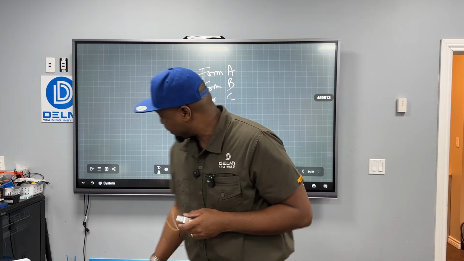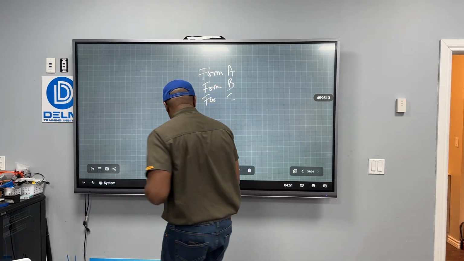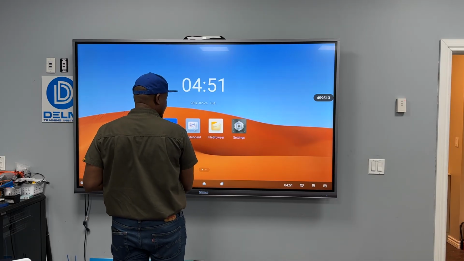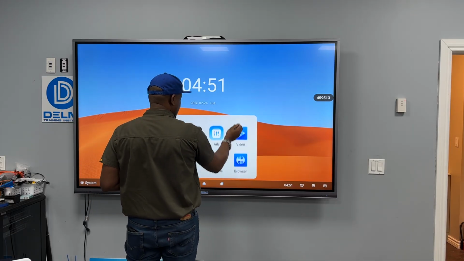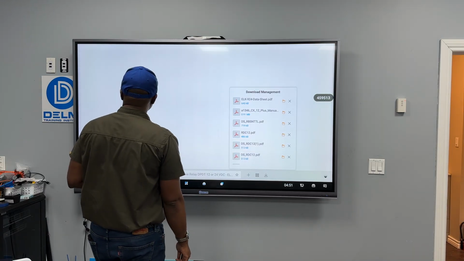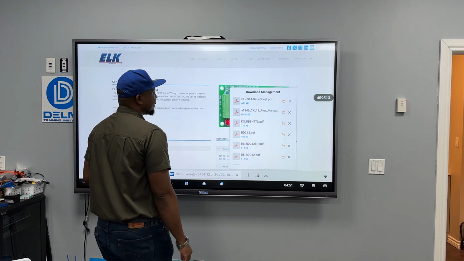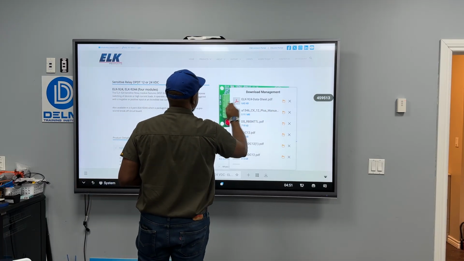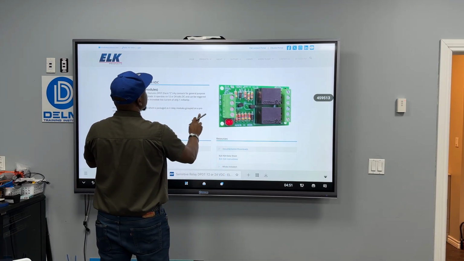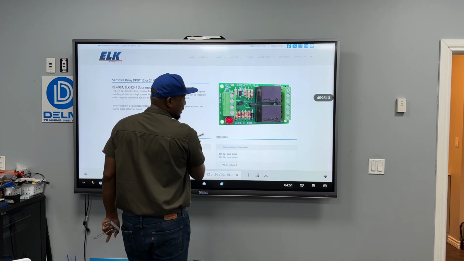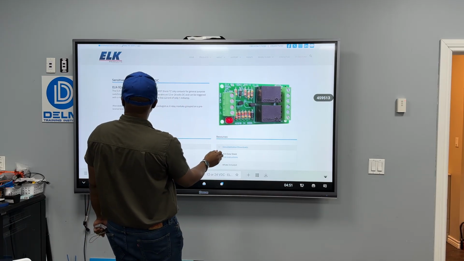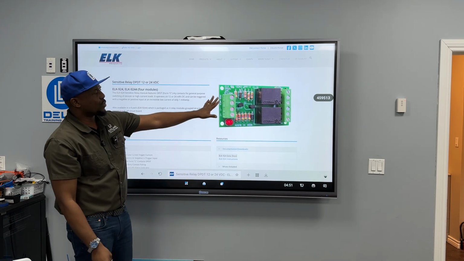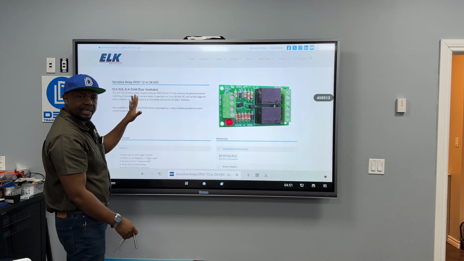Just for example, here, when I go on here, and I pull up the data sheet for, let's say, this device here. I already have it. So let's say I was working with this device, for example.